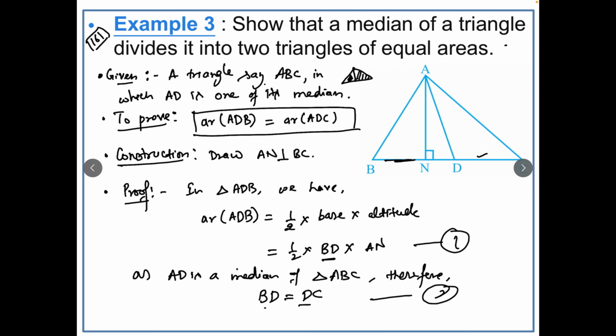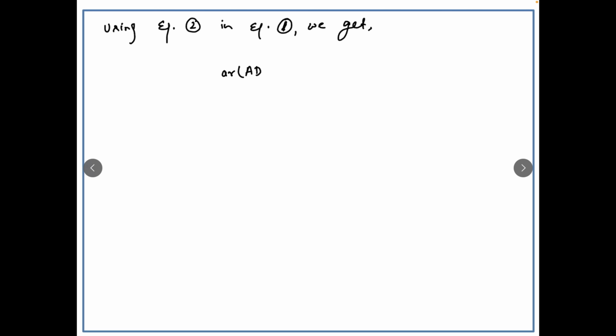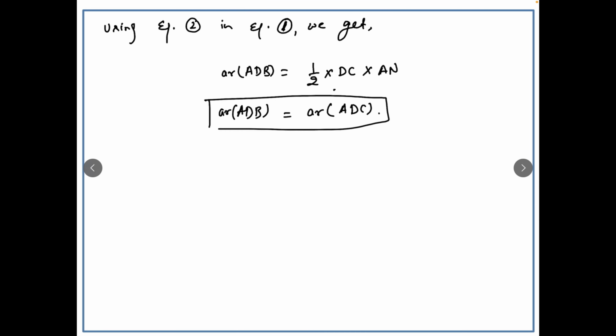So the area of triangle ADB will be equal to half into DC into AN, and this half into DC into AN will give us the area of triangle ADC. Okay, that's what we are asked to prove, that the area of triangle ADB is equal to the area of triangle ADC. Okay, solution of example number 2.